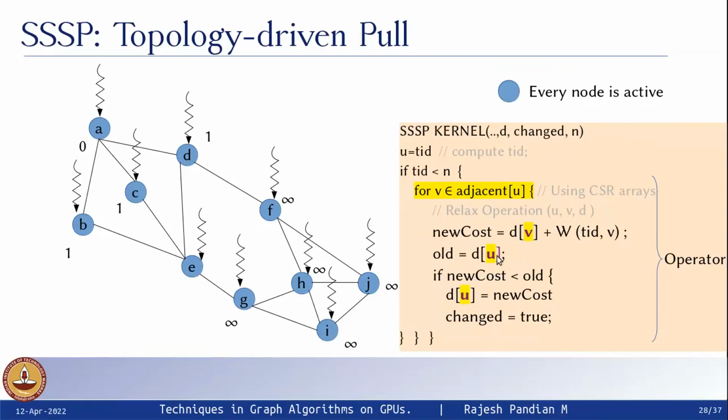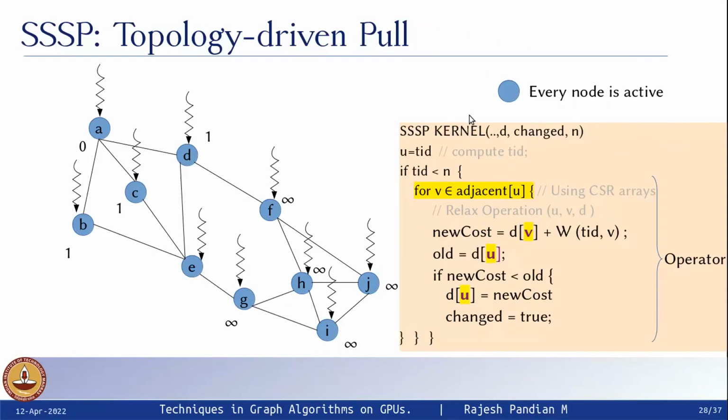With a minor change we get a pull version, which has a slight edge over the push implementation. Again, here we are talking about topology driven pull.